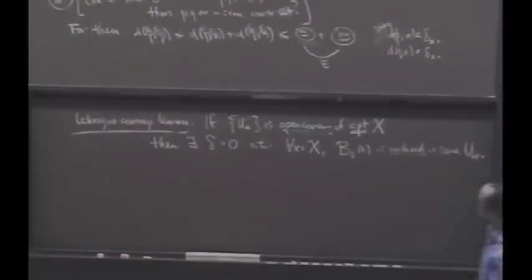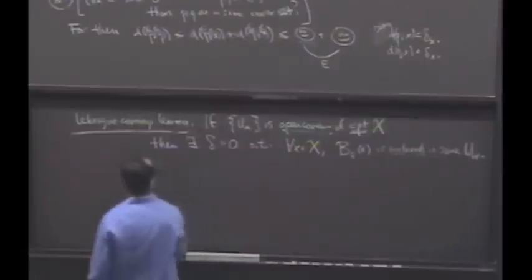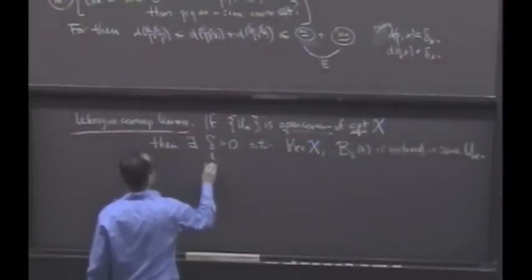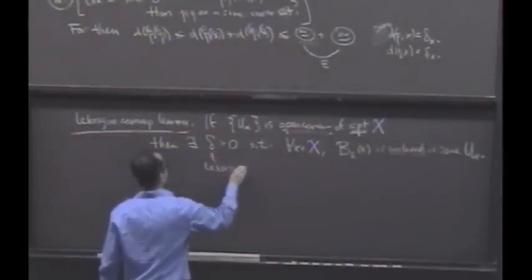That's the statement. And this delta has a special name. It's called the Lebesgue number of the cover.